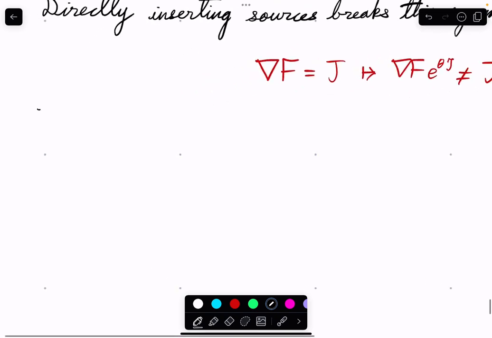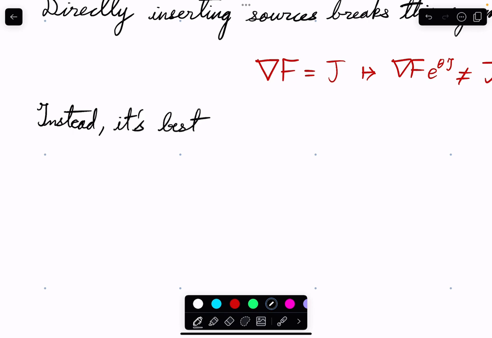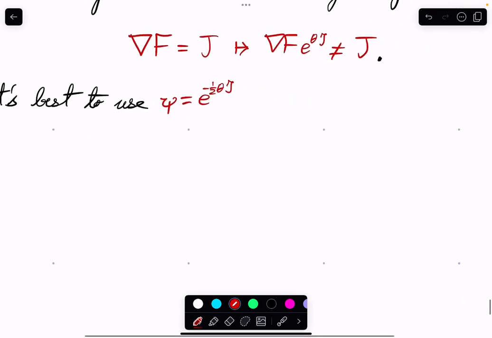So instead, it's best to use e to the negative 1/2 theta I, and use this with a potential.